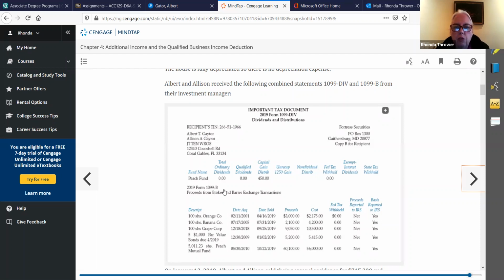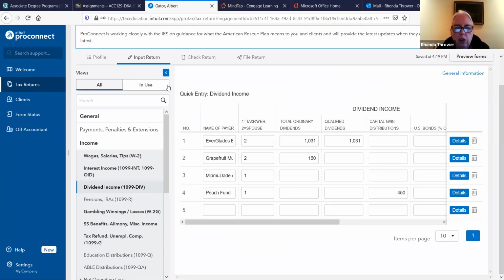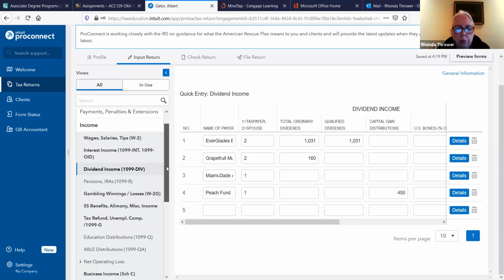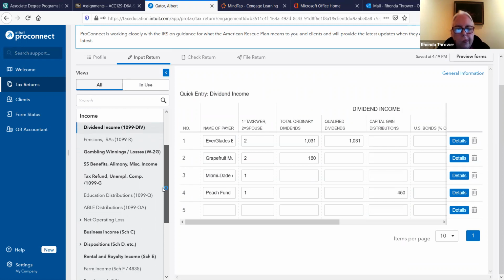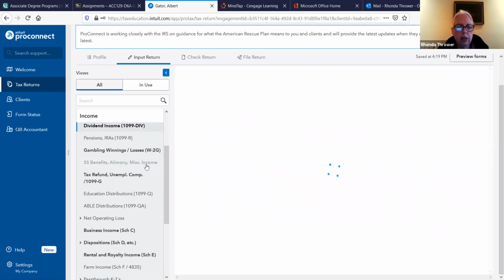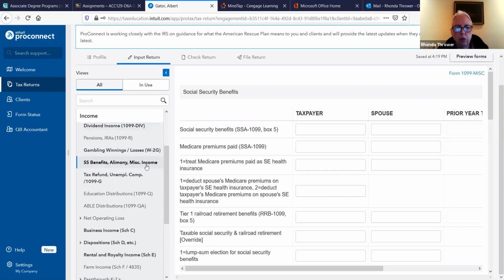So let me go back for just a minute to ProConnect, and let's look to see where we can find 1099B. And right here, it says something about miscellaneous income. Let me click on that for just a second.